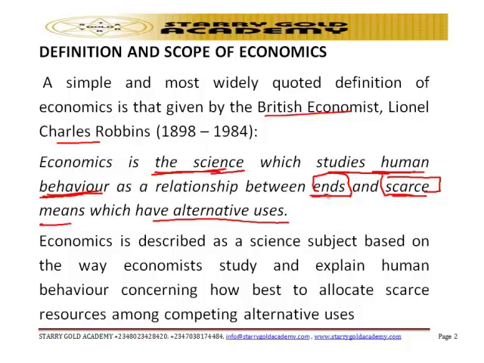So the ends here is talking about the wants of human beings, which can be in the form of goods or services. And the scarce means refers to productive resources, otherwise called the factors of production, which include land, labor, capital, and entrepreneur.